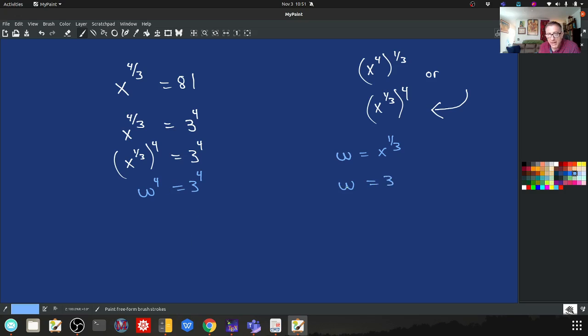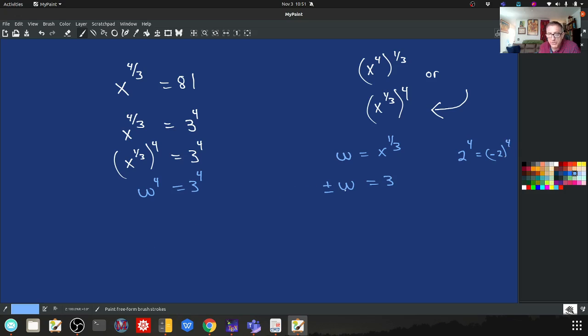That implies w is equal to 3. But since our exponent is even, 4, that means plus or minus w is equal to 3. Why? Remember, 2 to the 4th is the same as minus 2 to the 4th.